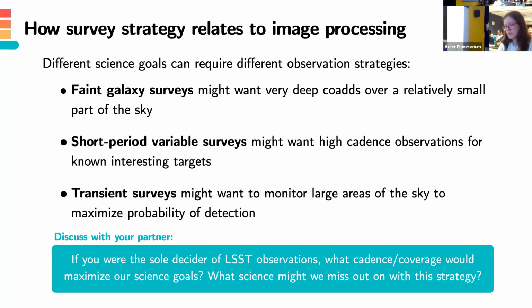Don't think about the wider scientific community, just think about if you were the one that could decide everything LSST is doing, and you only want to do your science, what would your optimal survey strategy be? And after that, if you did do that strategy, what kind of interesting science might you miss out on? I'm going to give you 3 minutes to talk about this in small groups.